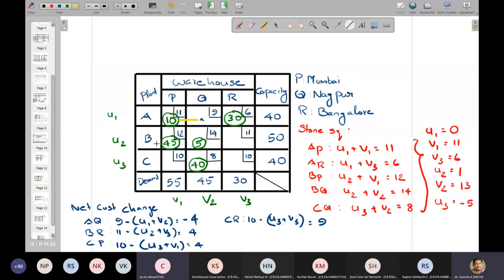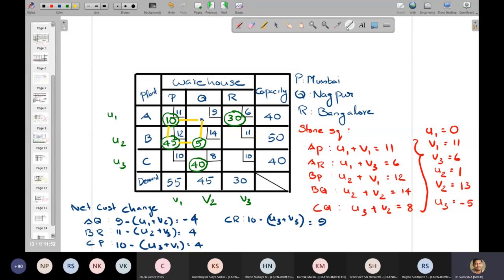Then AQ to BQ. Then BQ to BP. And then BP to AP. Right.